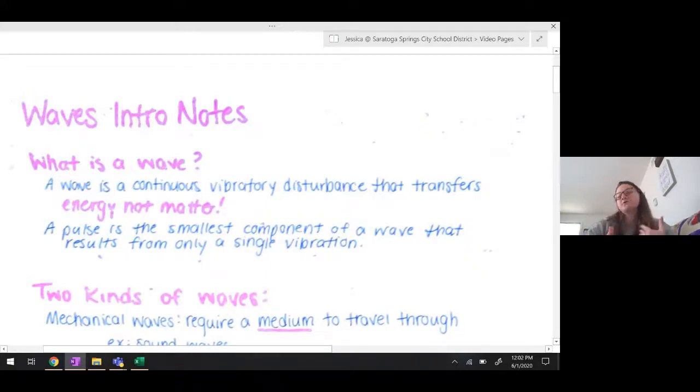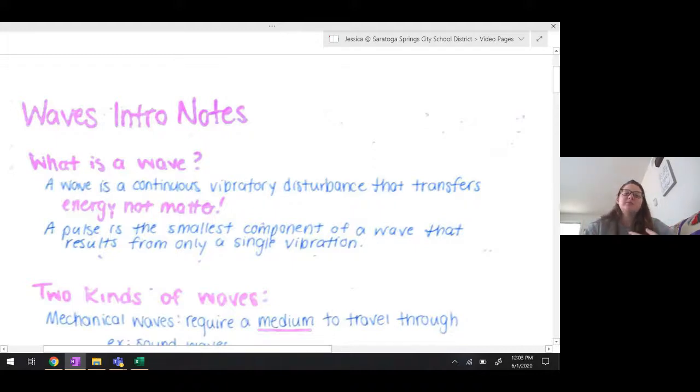So when we're talking about sound waves, specifically, it's my vocal cords vibrating that is causing the sound energy to travel. When we're talking about energy from the sun, it's really electrons vibrating in their energy levels that causes the electromagnetic energy to travel. So waves actually come from a type of simple harmonic motion or a vibration.